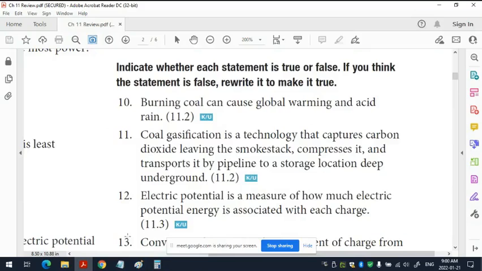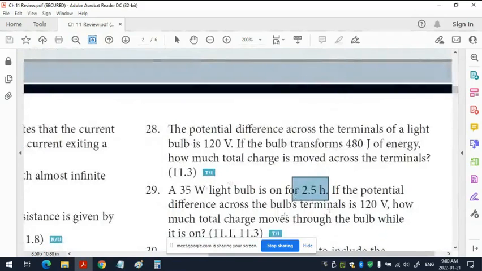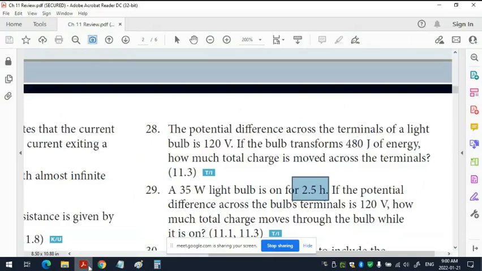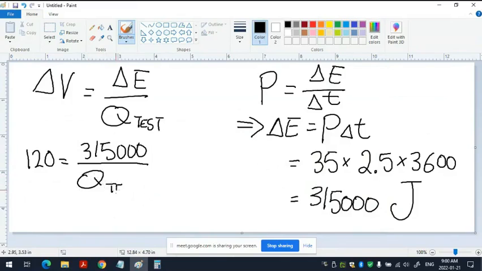Look, everyone. Now I can use this one, right? So delta V. Sorry. Do we have the voltage? Yes, we do. So 120 equals 315,000 over Q test.